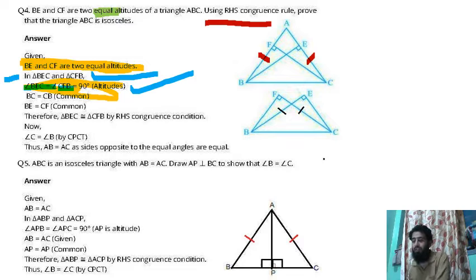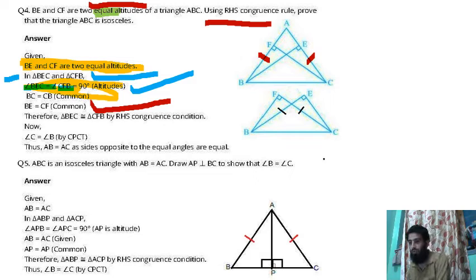Next thing I have written is BE is equal to CF. Let's see, where is BE? This is BE, the altitude, and this is also CF, the altitude, and I have written down that they are equal. Why are they equal? Because it is mentioned here that these two altitudes are equal to each other. So I have written down that the altitudes are equal, that is BE is equal to CF.